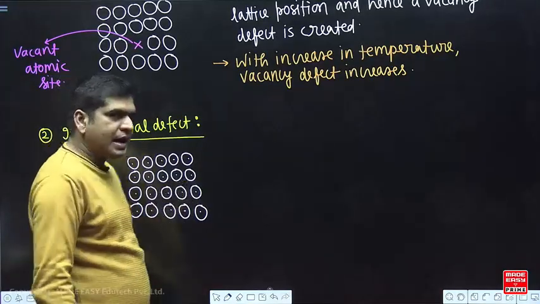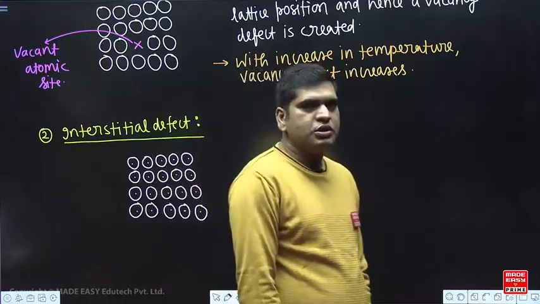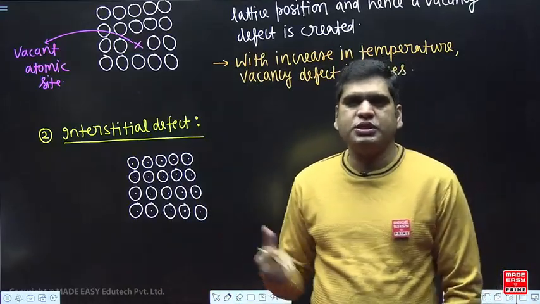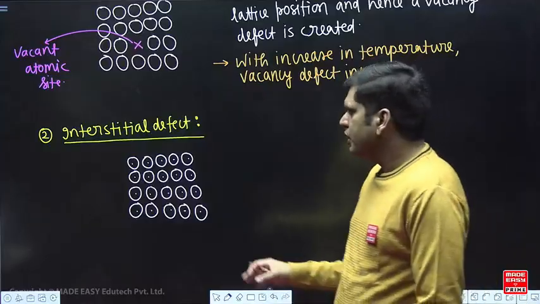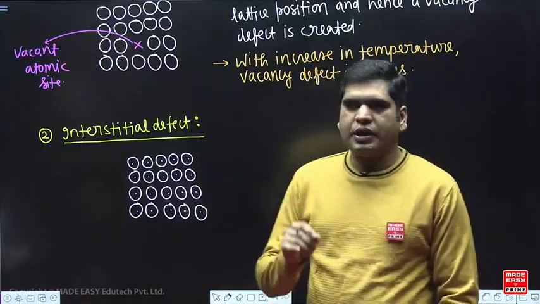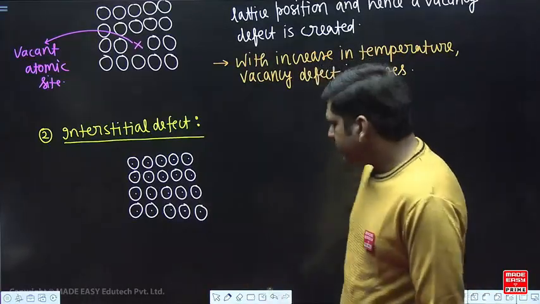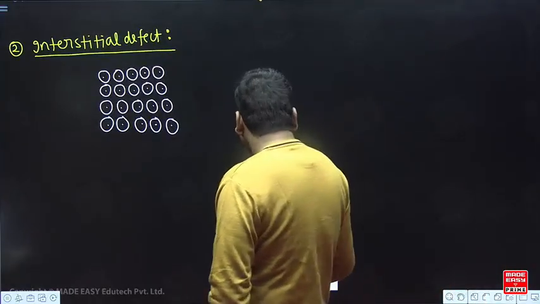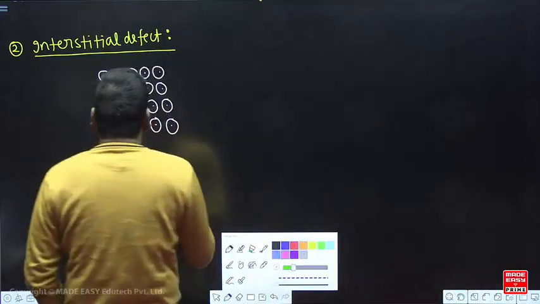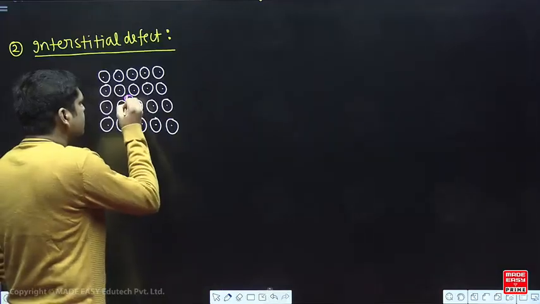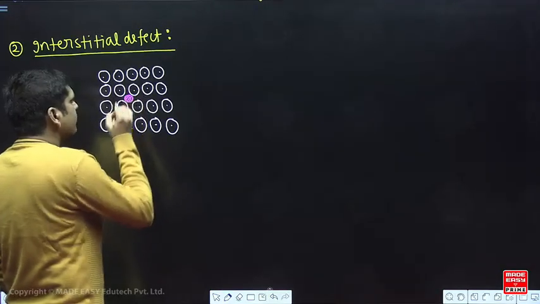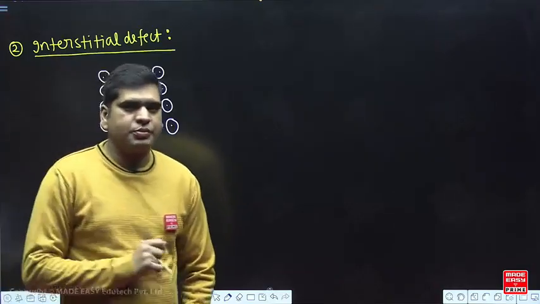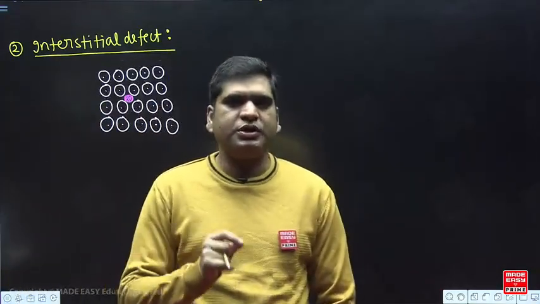Suppose a material is added into this material which has an atomic size very small in comparison to these atoms. Suppose these are iron atoms and we are adding carbon atoms. Being very small in size, that carbon atom may occupy an interstitial position.